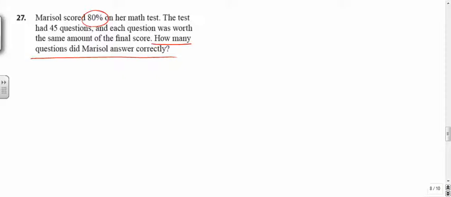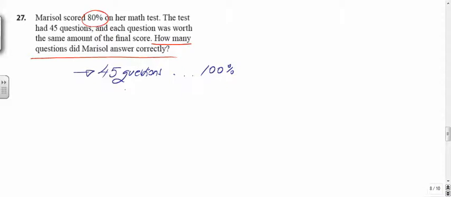To solve this problem, you will start by saying that 45 questions will give Marisol a 100% score if she answers 45 questions right.